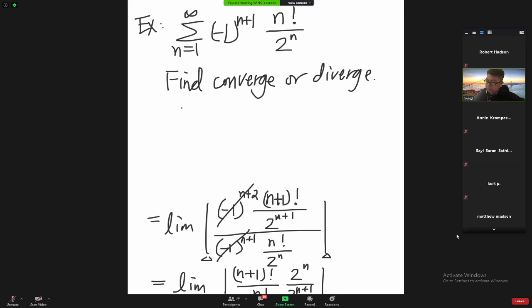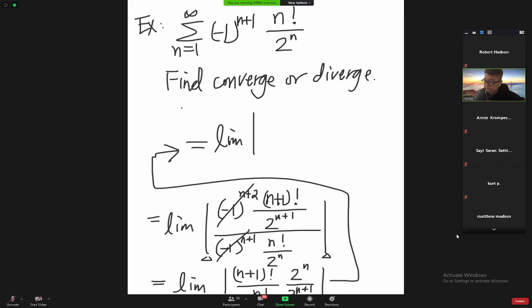So this equals the limit. Now let's do some cancellation. Now you tell me what this is after cancellation. Yes, 1 over 2. What is this after cancellation? n plus 1.